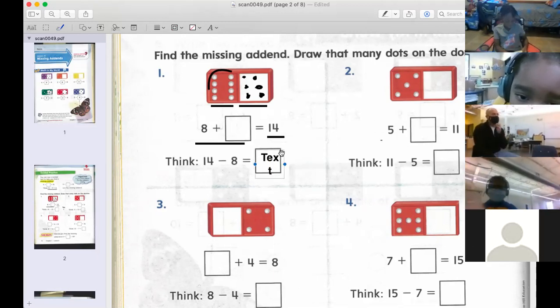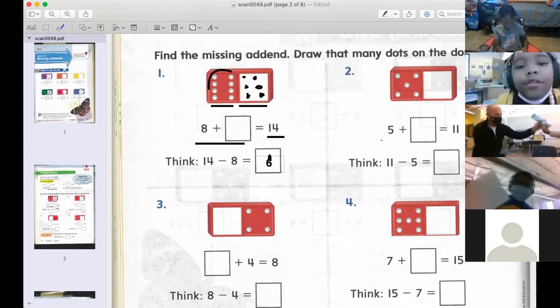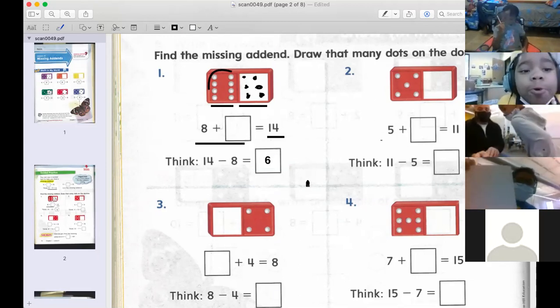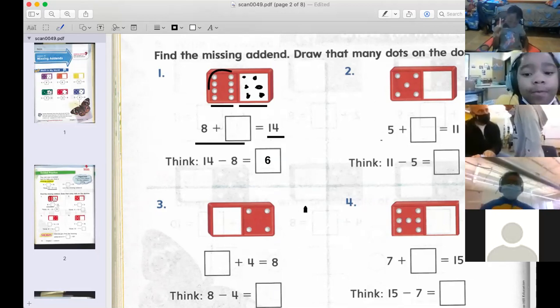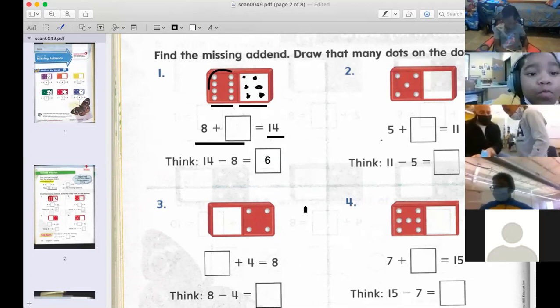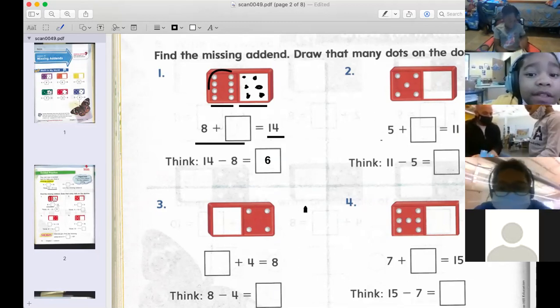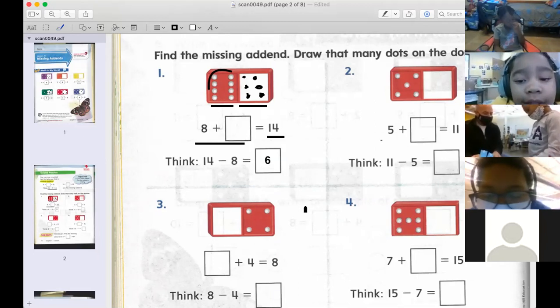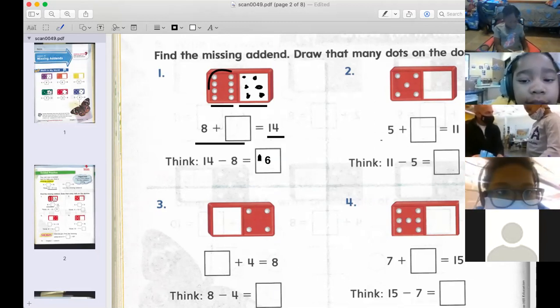So that's all we're doing. Oh, okay, so I understand. So I just made a huge box to have enough space. Whatever you need to do to figure it out.